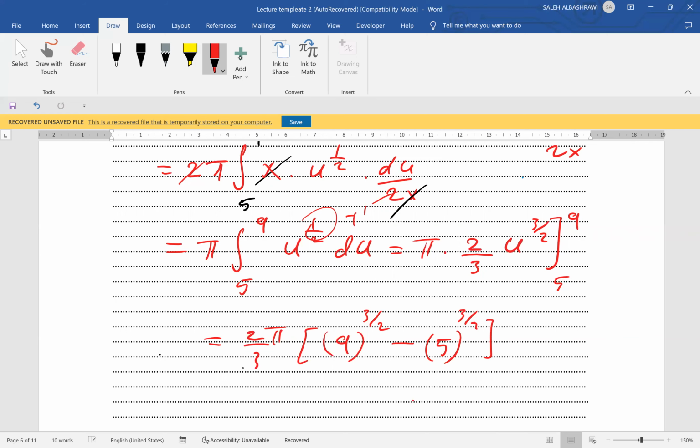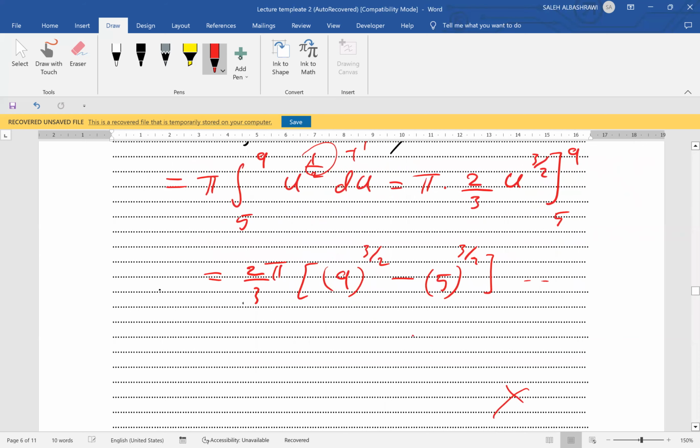And this can be calculated using the calculator to find the exact value. And we can write the volume in cubed unit.